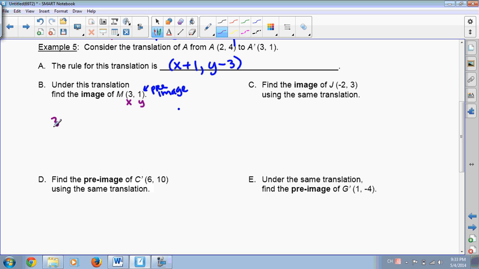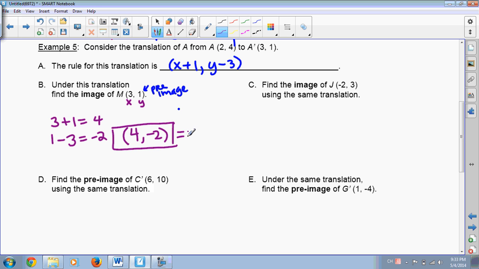So 3 plus 1. If I plugged in 3 for x, we would get 4 as our new image. And then 1 is our y. So 1 minus 3 is -2. So our image, if we started off at 3, 1, we would now be at 4, -2. So this would be your M prime because we have moved it.